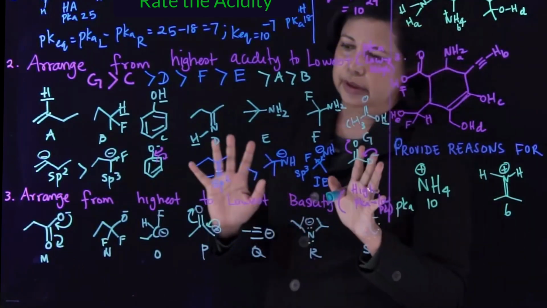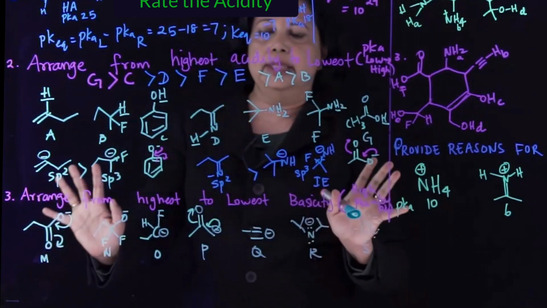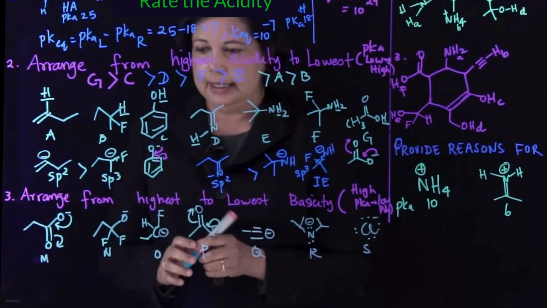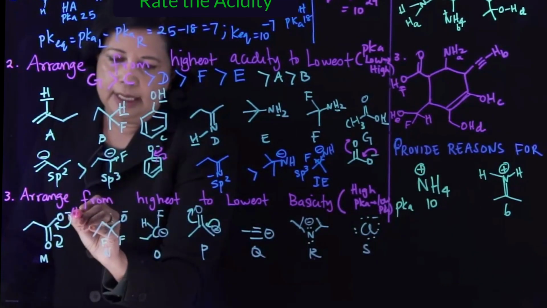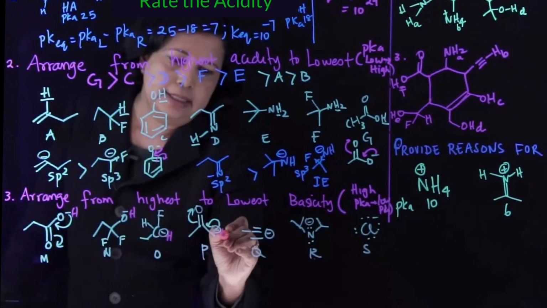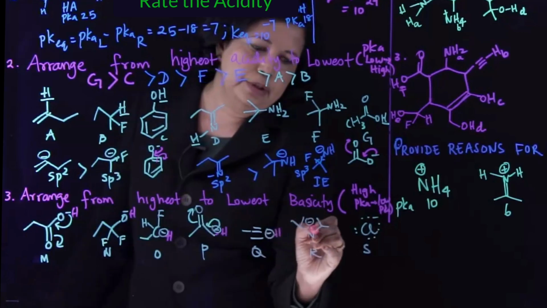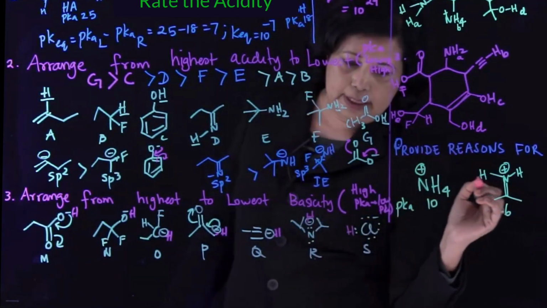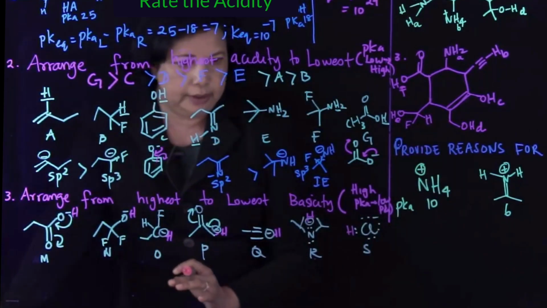We can either talk about the basicity just with this, or we could go in and put hydrogens here and then talk about the pKa's of those. So if you have pKa's of these, then we can have an idea whether we are going to be right or not.